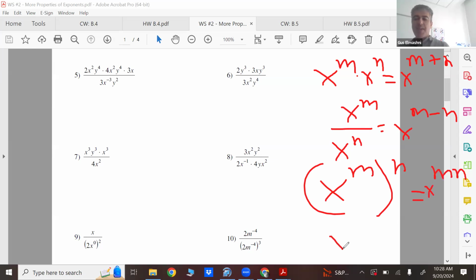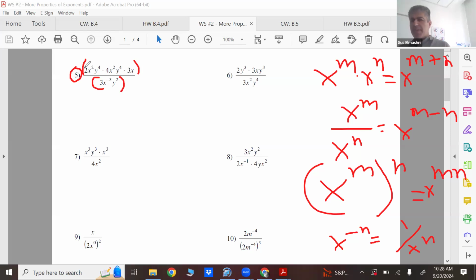All right. And if you have a negative exponent, you just put it on the bottom like that. So if I look at number 5, for example, I've done this with a handful of you guys in the room here. Think of the top as being in parentheses and the bottom also in parentheses. And think of PEMDAS, right? Take care of everything inside the parentheses first or any exponents.